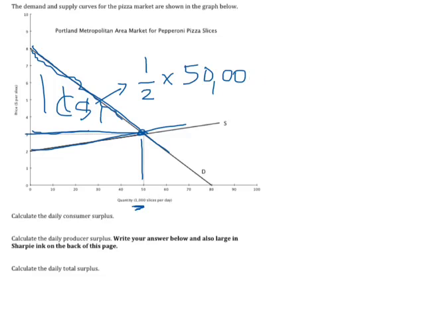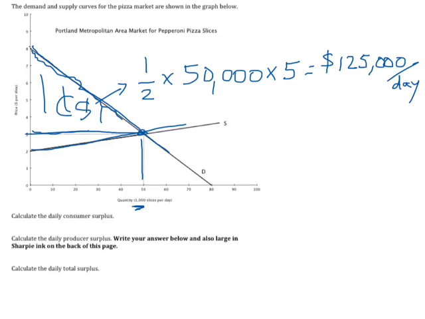That's the thousands you have to watch out for. And then our height is 8 minus 3 is 5. So 5 times 50,000 is 250,000. 1/2 of that is $125,000 per day. So that's consumer surplus.